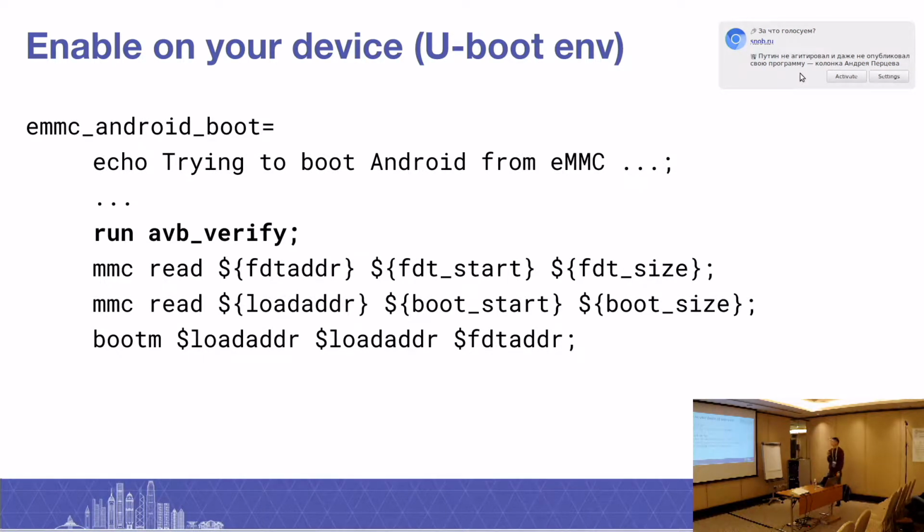And how it looks for, for example, specific shell commands which boot Android: we run this AVB verification mechanism before reading any FDTs, RAM disks, and so on, and only after that we boot Android.